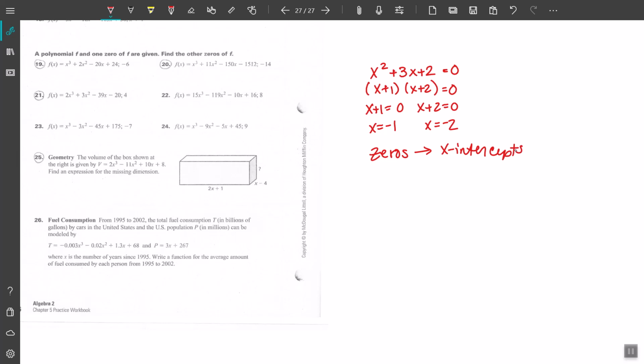So we've got to keep that in the back of our head when we're doing this over here on number 19. We'll come back to that. So on number 19, they told us one of the zeros is -6. And so when they give us information in that way, not the factor, they didn't tell us the factor was x plus 6 and ask us to find the zero. They went ahead and solved for x and said x is -6. That's one of the zeros.